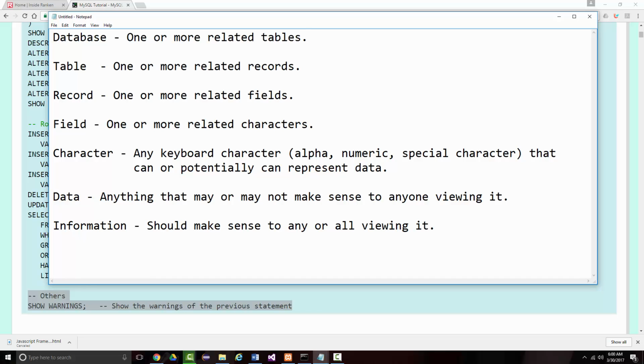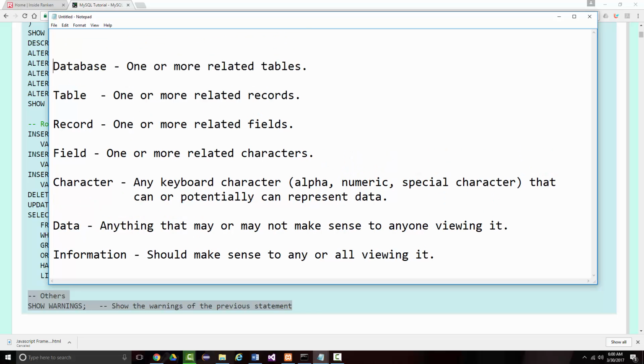Since about the 1970s, virtually all databases have been relational, where you're able to relate things. In fact, you may have heard of the term RDBMS, which stands for Relational Database Management System.